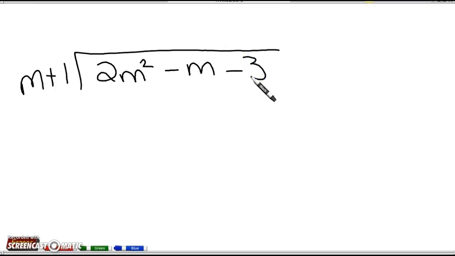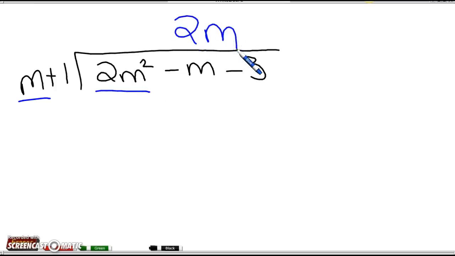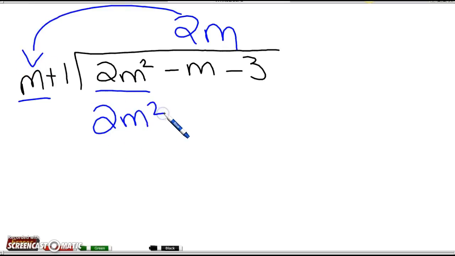Okay. So first thing I want to ask myself, what can I multiply m by to get 2m squared? What am I going to multiply m by to get 2m squared? And the answer would be 2m. So 2m times m gives me 2m squared. And 2m times 1 gives me 2m.